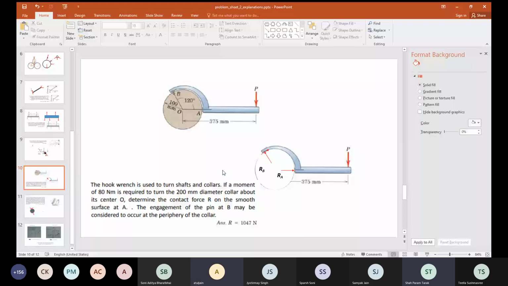Is the sign of the reactions important? No, sir, but while taking the moments from B, it would be important, no? No, it would not be important. I would get the value of R negative if I am doing it wrong. Okay.